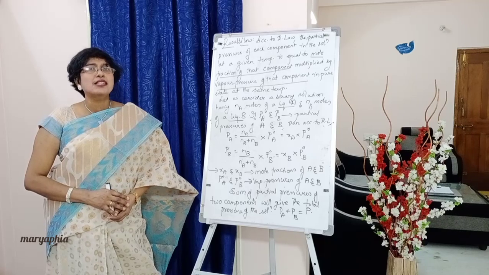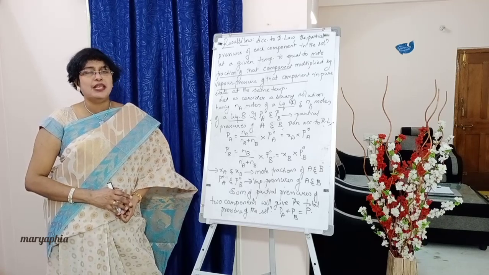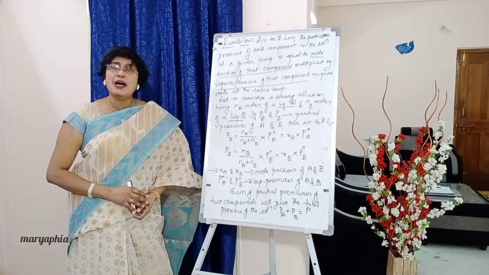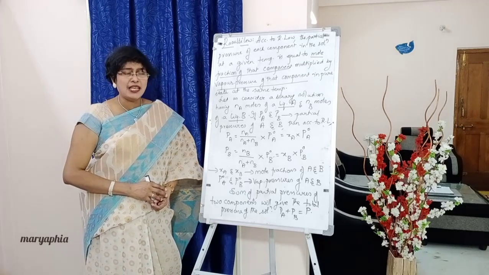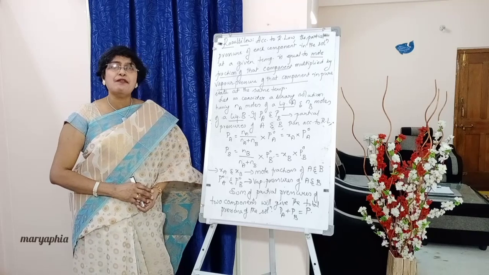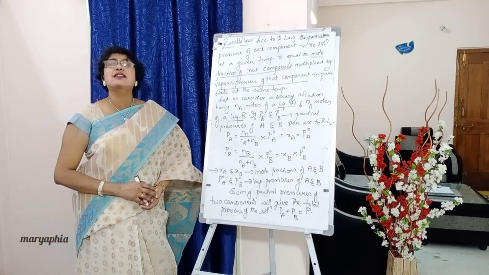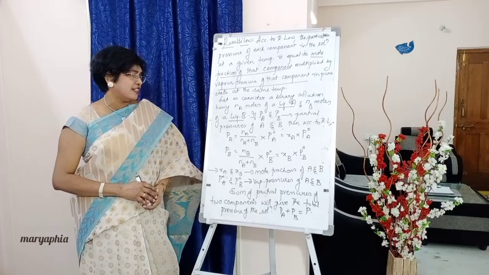So how to get the mole fraction of A? The number of moles are given, Na and Nb. To get mole fraction of A, we need to do Na by Na plus Nb. If we want to know mole fraction of B, it is equal to Nb by Na plus Nb. All this you have studied in your intermediate stage.